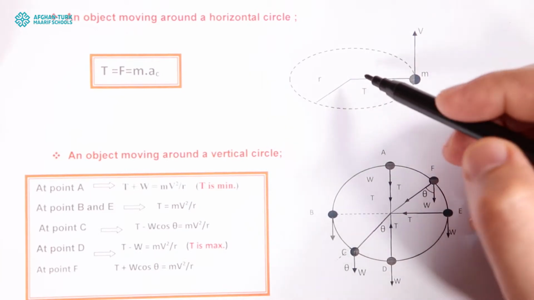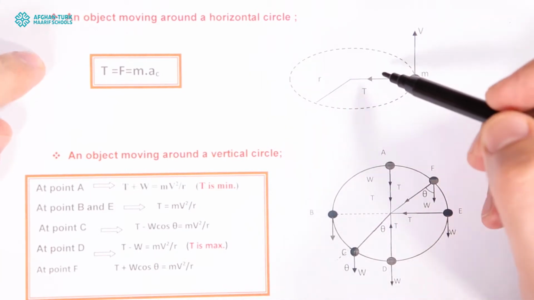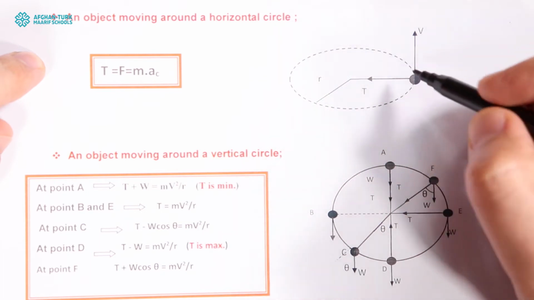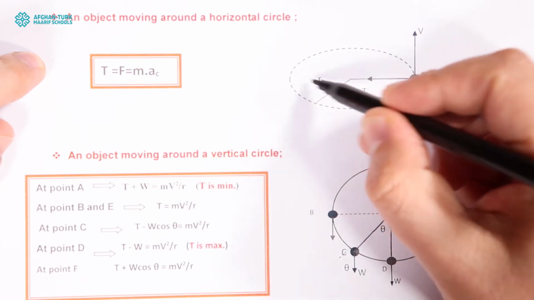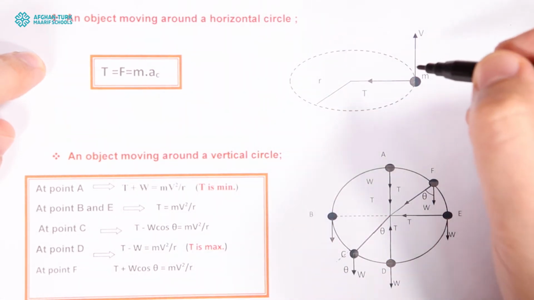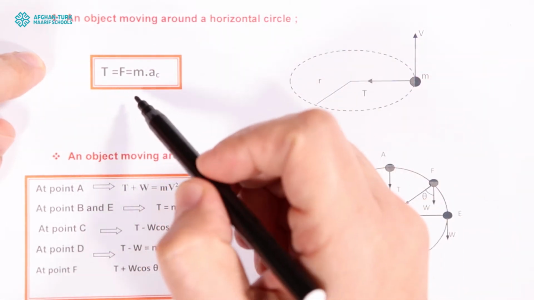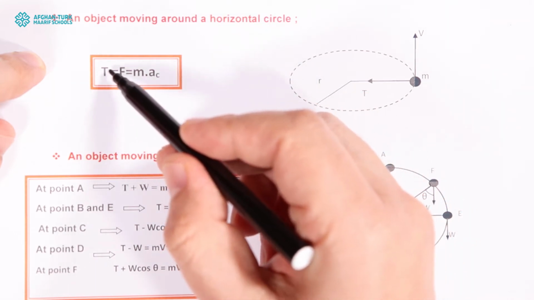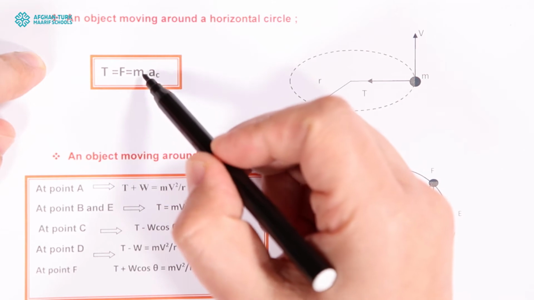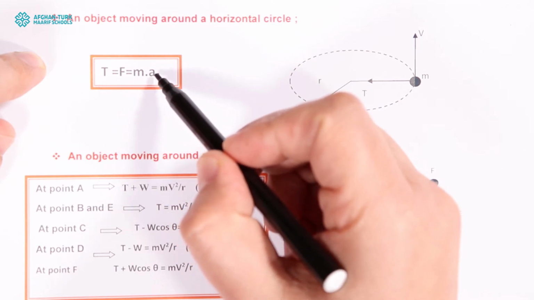Okay, let's see here. When the object moves in a circle, but the object is in a horizontal position, meaning this position, we can use the simple formula: T, the tangent force, is equal to the centripetal force, which is equal to mass times centripetal acceleration.